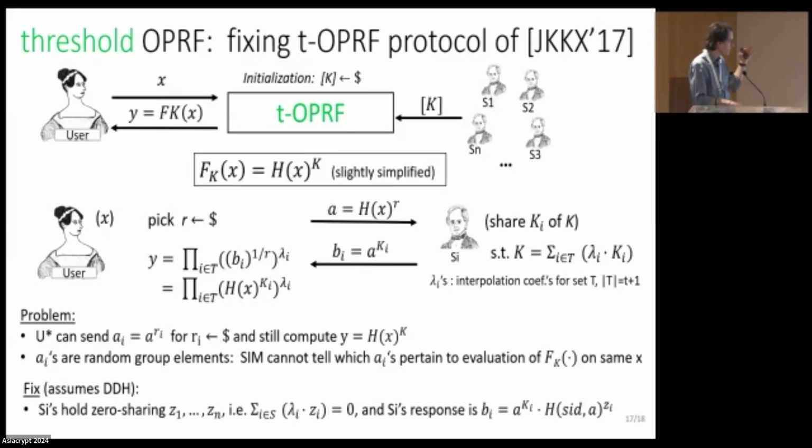Here is a sort of funny fix. We secret share a sort of shadow value called z that is a randomized secret sharing of a 0. And we use this blinding factor, which essentially enforces that unless she uses the same A for a group of T+1 servers, their responses will be diverging.